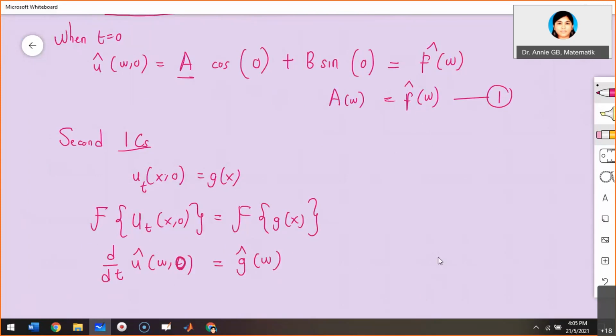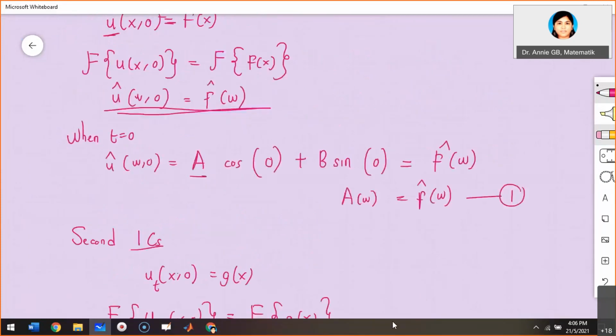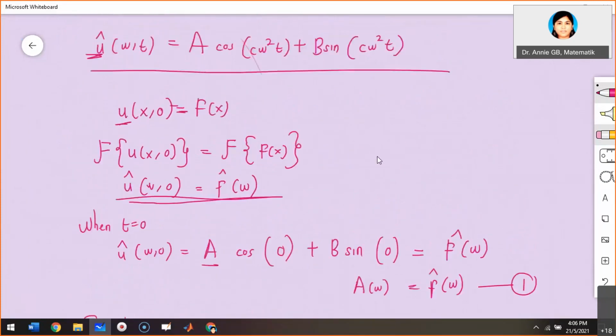Okay, now kita nak apply kepada equation saya yang mana? Yang ni. This equation ya. Di mana kita tahu B saya dah 0. So tinggal ni lah. u hat (omega, t) equals to A saya adalah f kan.